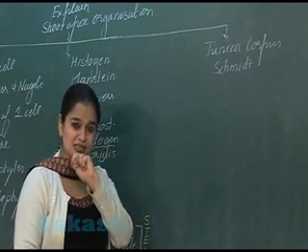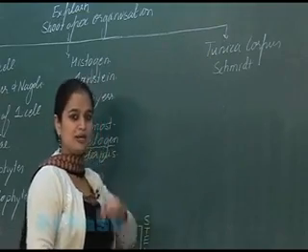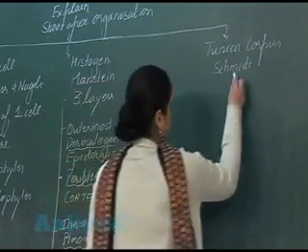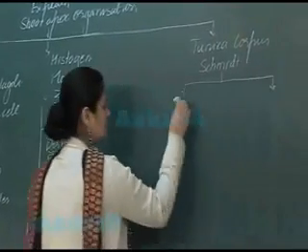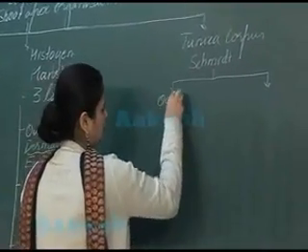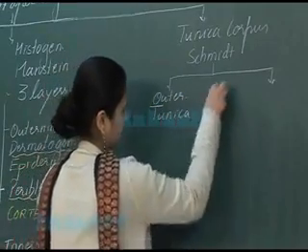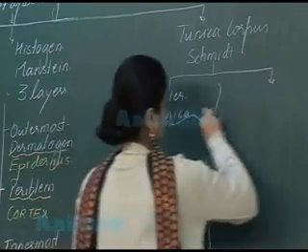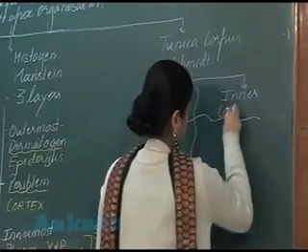Instead of two regions, histogen is saying how many regions? Three regions, but here only two regions. The outer region is tunica, right? The inner one is corpus.